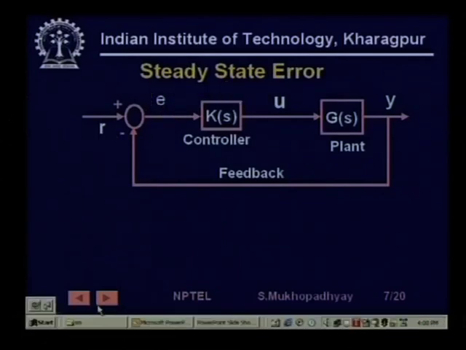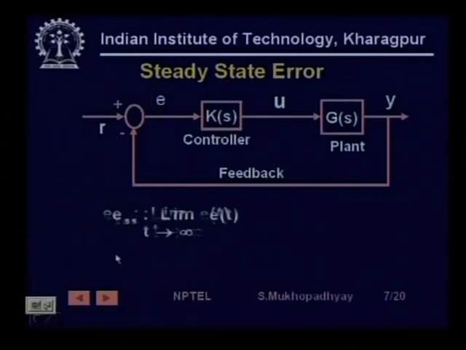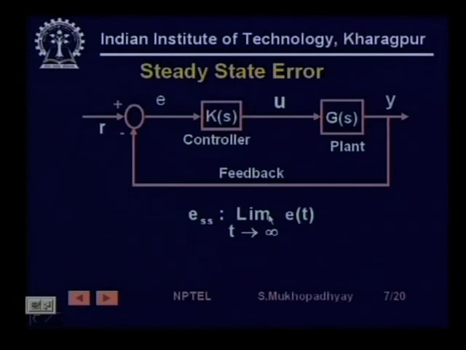The steady state error is the limit of t tending to infinity of E(t). Typically, we take a unit step response. If the reference input suddenly changes, then as time passes, does the error go to 0? That is the limit of t tending to infinity of E(t).